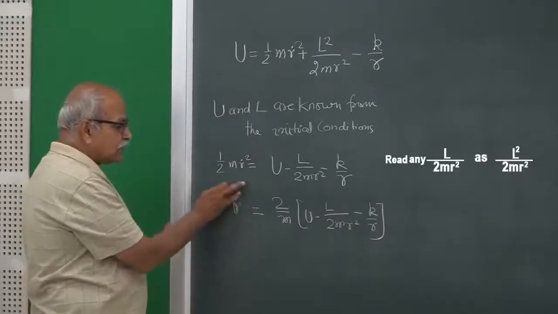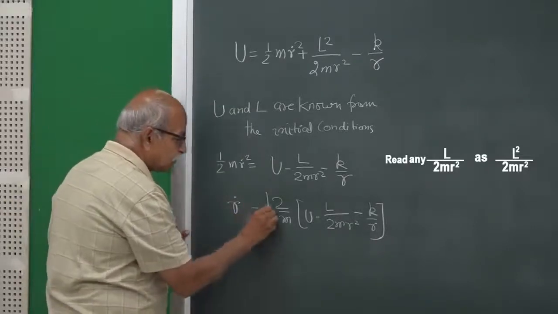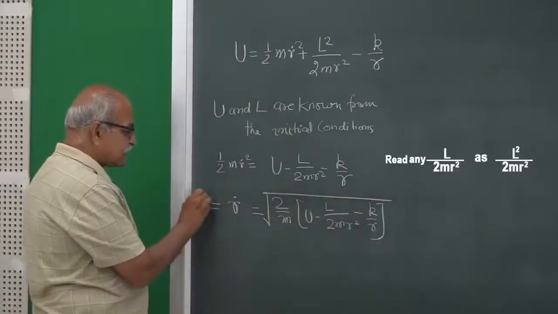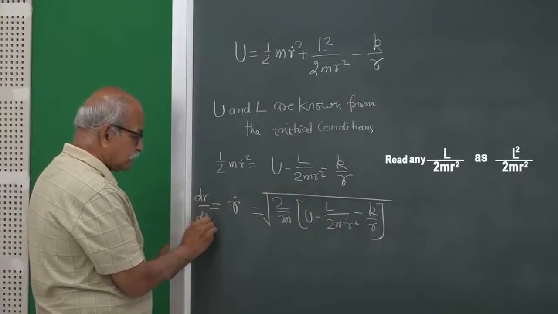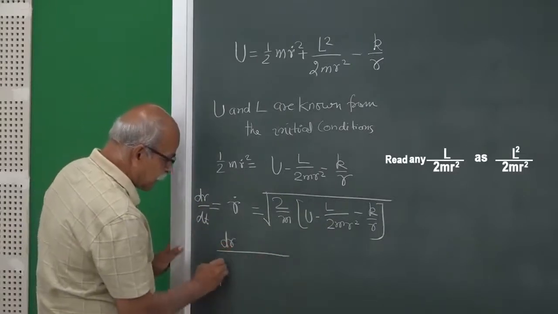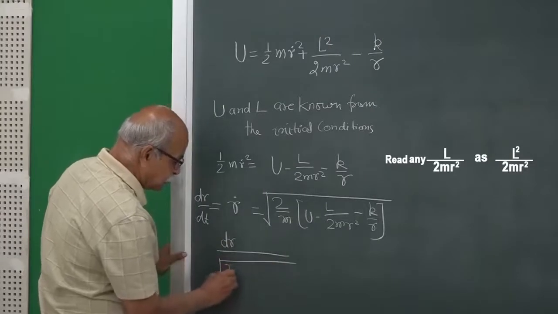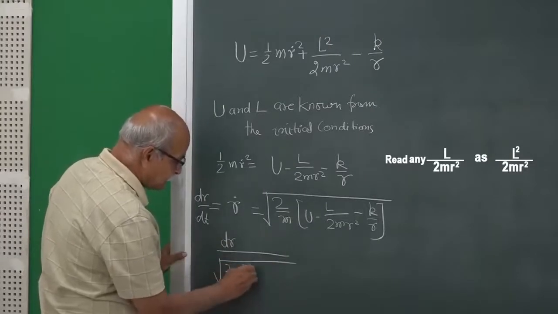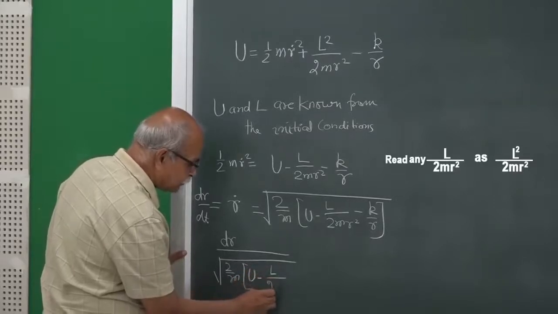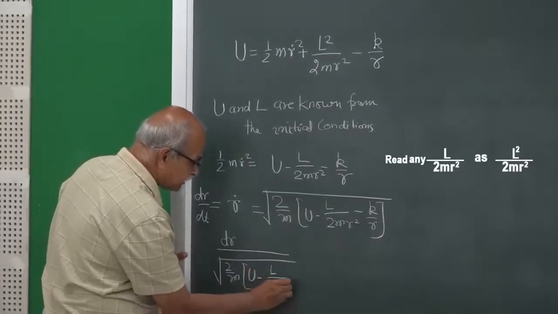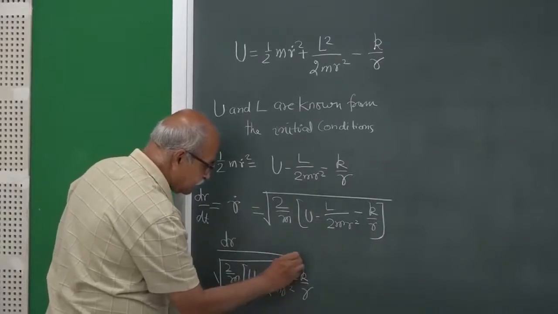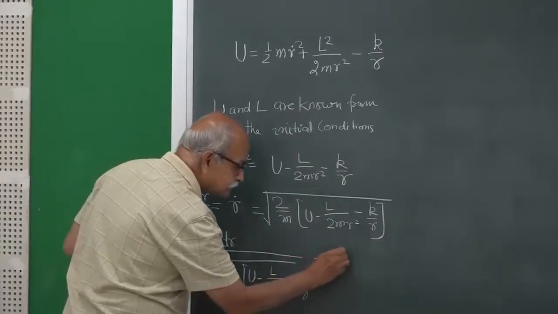So, r dot is equal to square root of this, and what is r dot? R dot is dr dt. So, dr divided by square root of 2 by m U minus L square by 2 m r square and minus k by r is equal to dt.